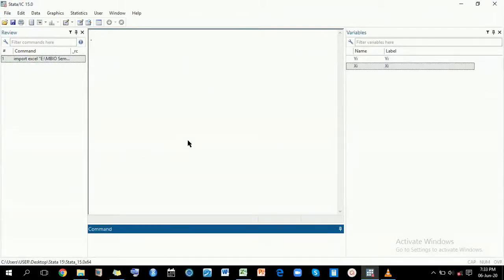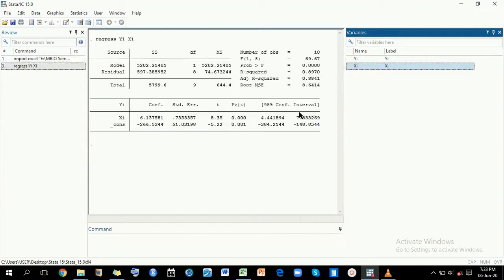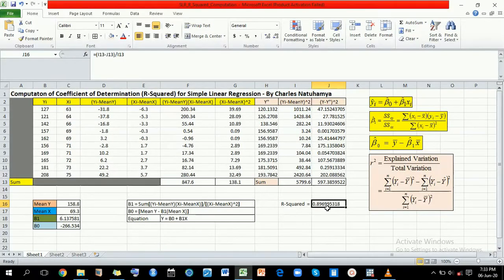I'm using the same data set, so I'll just regress these two variables here, and enter. So I get my value of R squared as 0.8970, which is pretty much similar to this 0.8969. So this is how we can go about computation of the coefficient of determination, or the famous R squared.